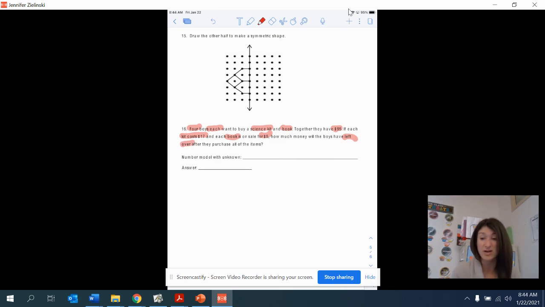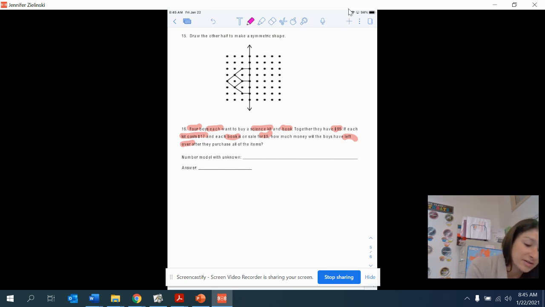So I know whenever I hear leftover, at some point I'm going to need to subtract in this word problem. But I think what I need to do first is think, all right, if they each want a kit for $17 and they each want a book for $5 and there are 4 boys, I'm probably going to need to do some multiplying.